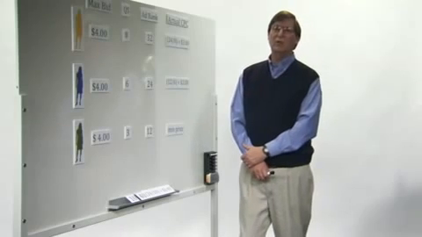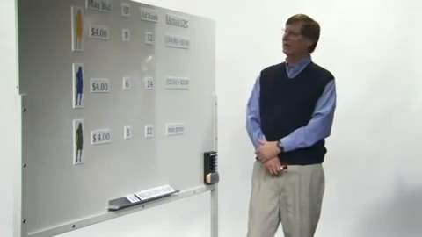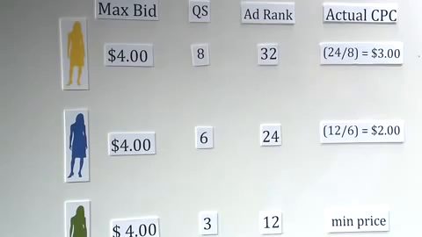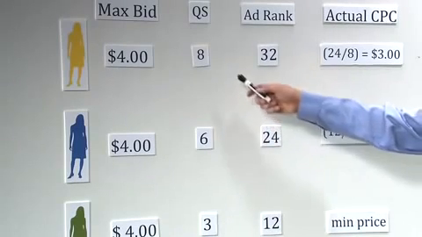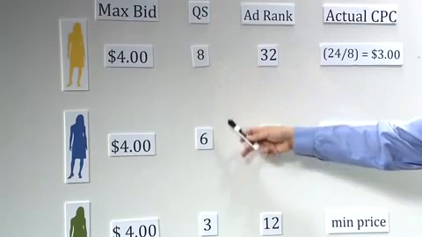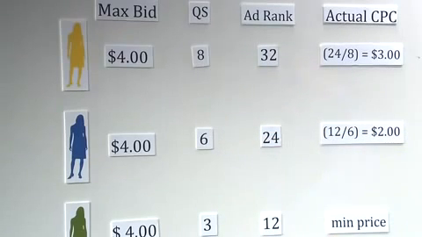Let's see how this works in a slightly more complicated example. Here we've got 3 advertisers, and they're each bidding the same price. The max bid is $4 for each of them. But they have different qualities. In this case, the quality is 8, 6, and 3.